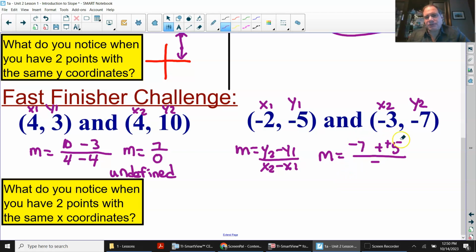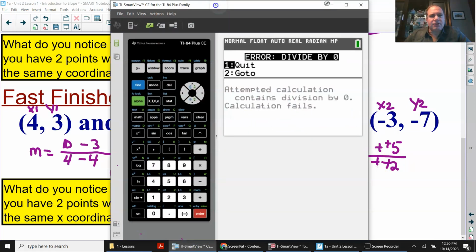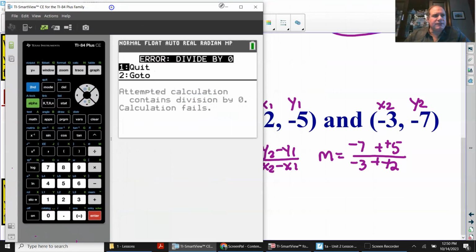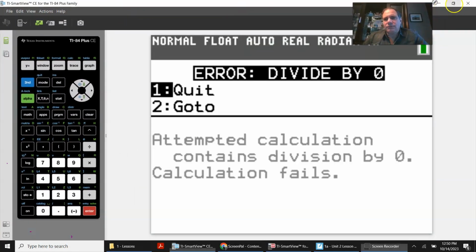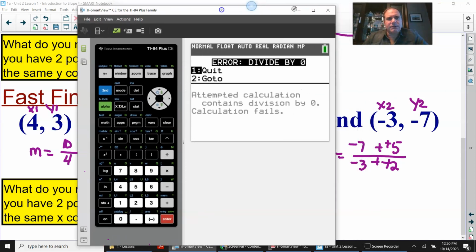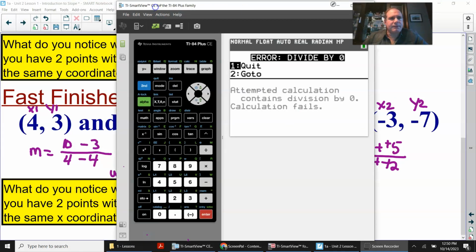All right, keep, change, change. Negative 3 minus a negative 2. Again, plus plus. Do not try to do that on your own. We're just going to move this over here, and we are going to get this going. And this is not working out for me.